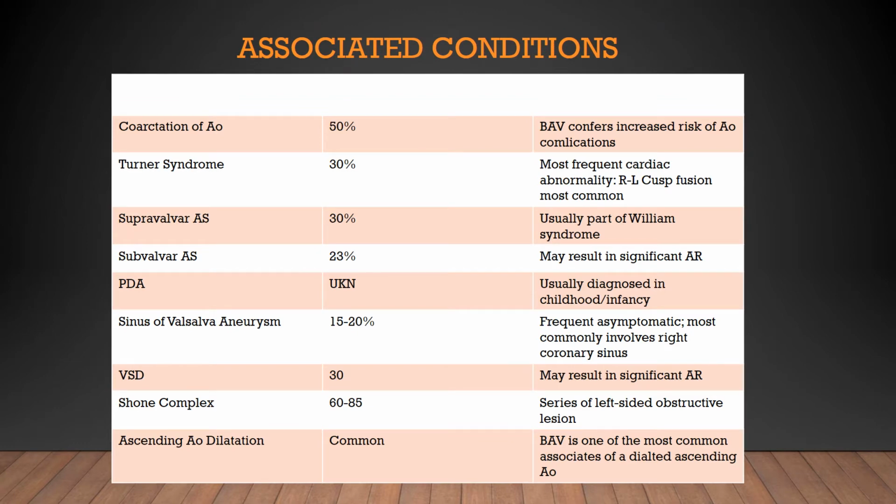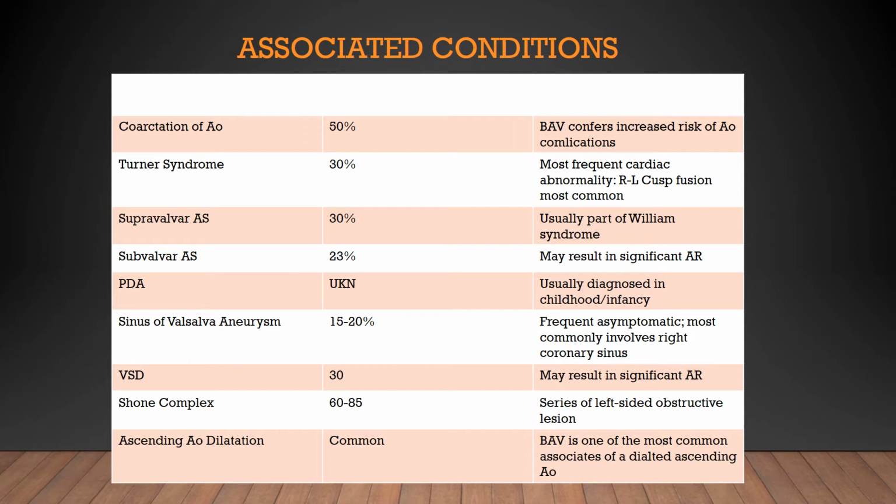Moving on, I think it is very important for us to understand that bicuspid aortic pathology does not come by itself and is usually associated with a lot of other comorbid conditions, including coarctation of the aorta, which is present in 50% of this population, Turner syndrome, supravalvular AS, subvalvular AS, PDA, VSD, Shone complex, and ascending aortic dilatation, which is common.